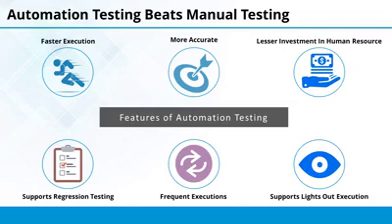Lesser investment in human resources. Now, if we talk about manual testing and our different companies, I've been in corporate as well. Your manual testing team strength would be a minimum of 4 resources, and the maximum can be anything depending on the project size. Even with a minimum of 4 resources, I'll have to bring them from some other project or maybe hire them.